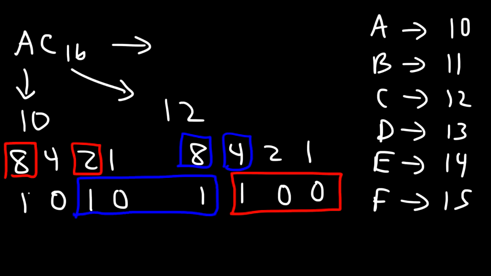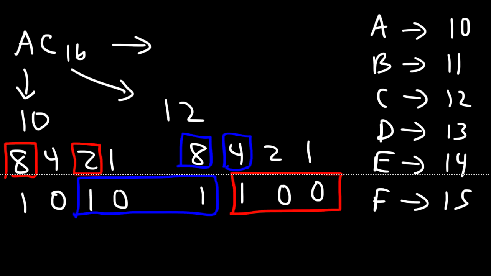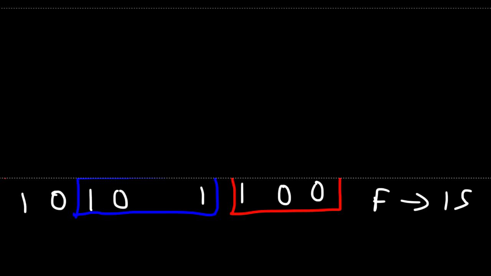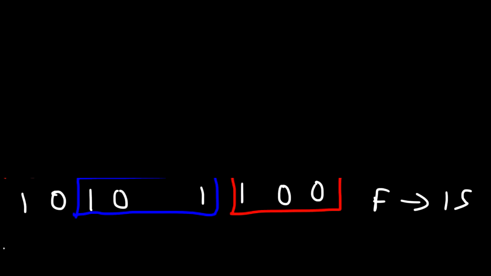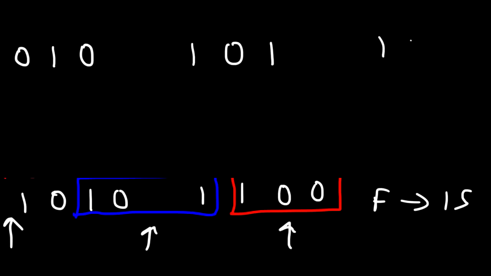And then the last one, we only have two numbers, so we're going to add a 0 to it. So let me get rid of this. So I'm going to add a 0 here. So it's 0, 1, 0. And then in blue, I have 101. And in red, 100.